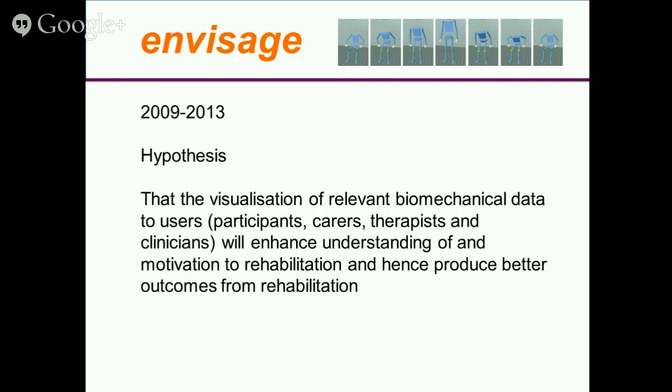Our hypothesis was that if we did this, the visualization of relevant biomechanical data to these users, which included the participants, their carers, the therapists and the clinicians, in other words, everybody who could help them get better, would enhance their understanding of and motivation to rehabilitation, and hence produce a better outcome from rehabilitation. And at the top of the slide you can see an animation of someone rising to stand and sitting down, where we've coloured the joints according to the physical demand being placed on them by the functional task.